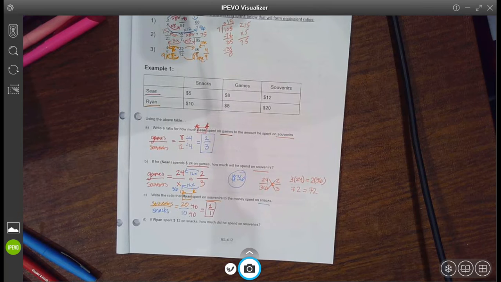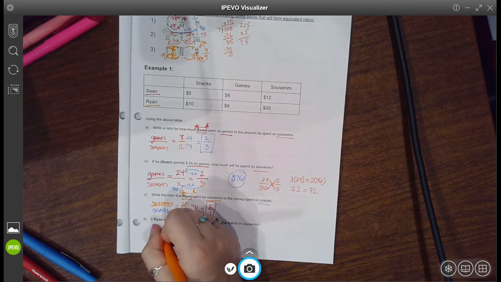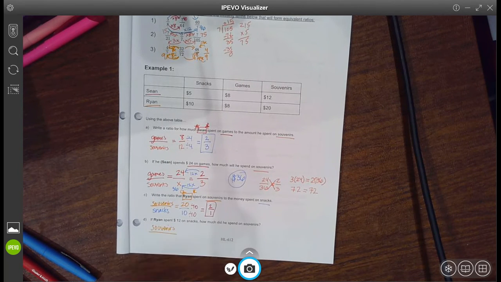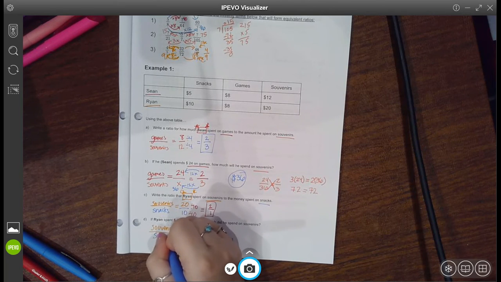But I can also use that then to figure out missing pieces, like the next question that asked me. It says, if Ryan spent 12 on snacks, how much did he spend on souvenirs? Okay, so we're still in this souvenirs to snacks for Ryan ratio.